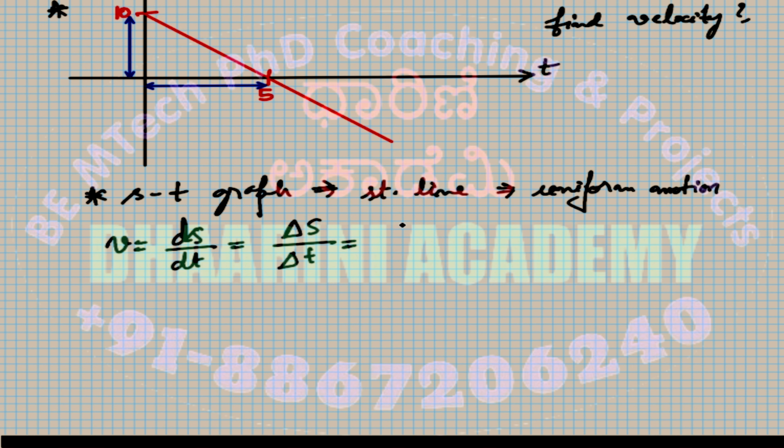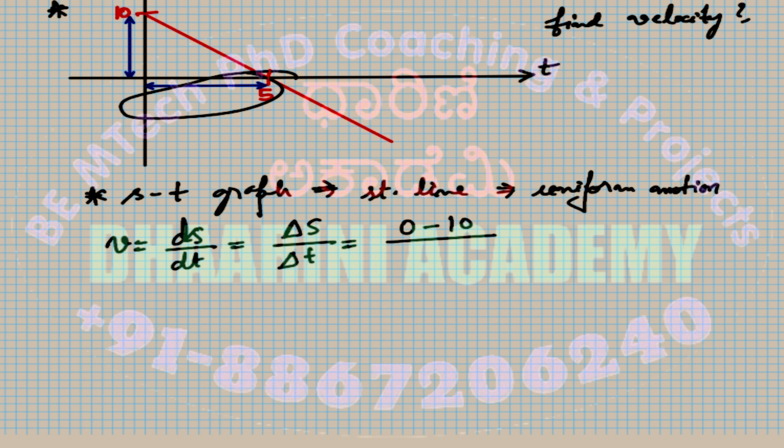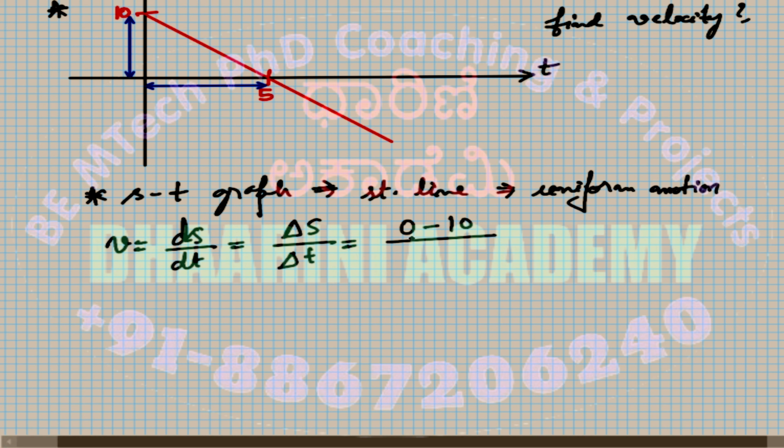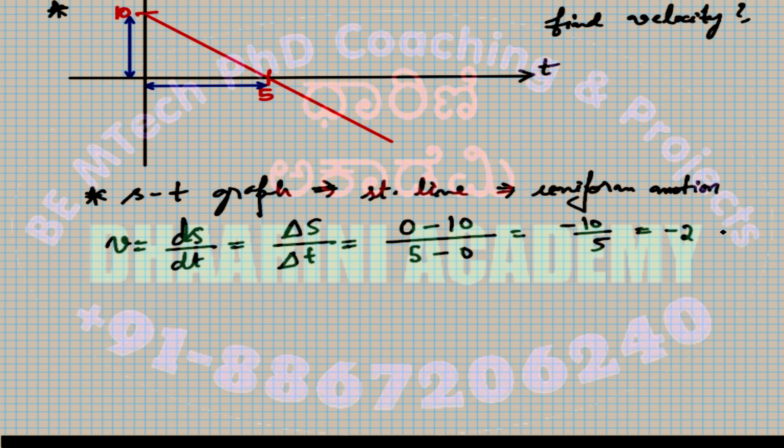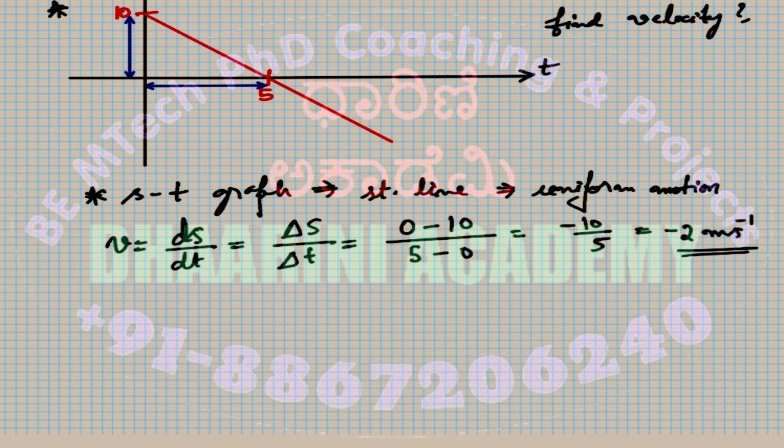So final value 0 minus initial value 10, divided by the change in time. Initially 0, finally 5. So final value 5 minus initial value 0. So this is basically minus 10 by 5, that is equal to minus 2 meters per second. Okay, so that's how we calculate the velocity. All right.